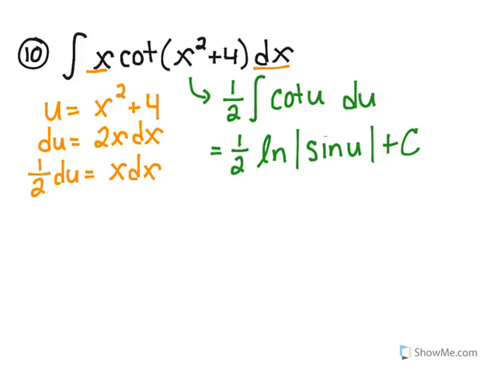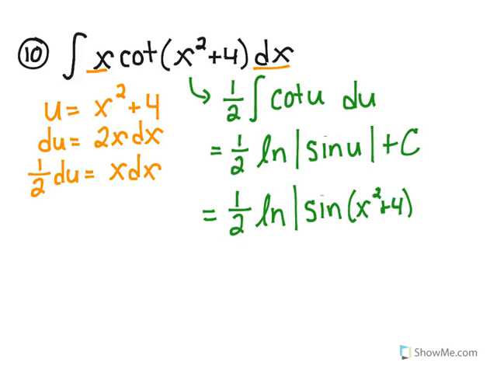And now all we need to do is replace the u with the x squared plus 4, and we will be done. So this is 1/2 natural log absolute value sine of x squared plus 4 plus c. And that's it.